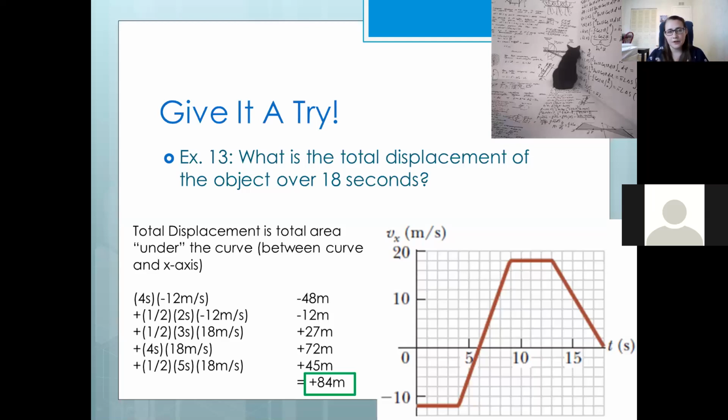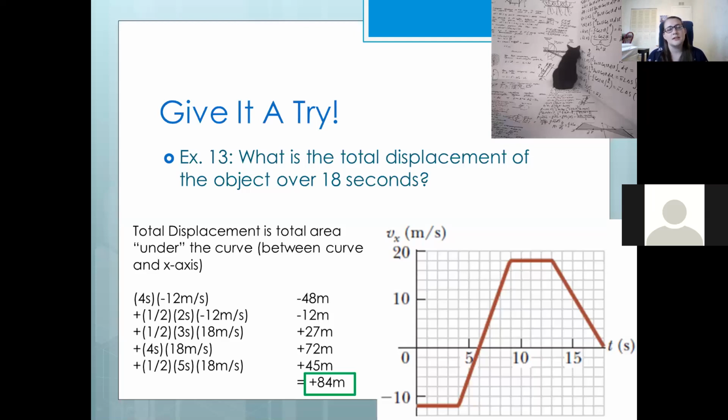But once we figure out all of those areas of those sections and we add them all together, keeping in mind that some are negative and some are positive, we ended up with a total area under the curve, or a total displacement, of 84 meters, positive. So from here, if we wanted to go find out about the acceleration, what would we do from the information that we have?